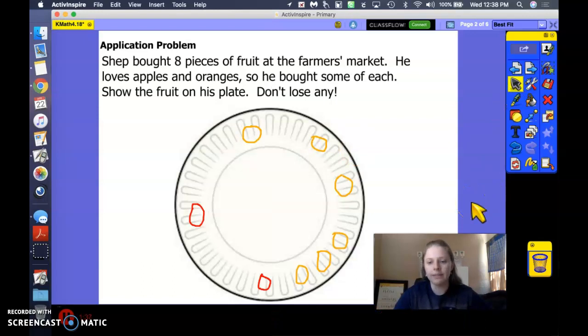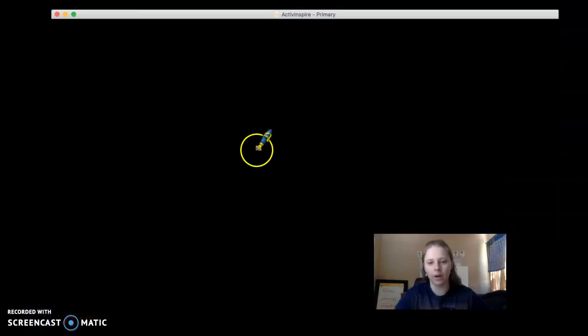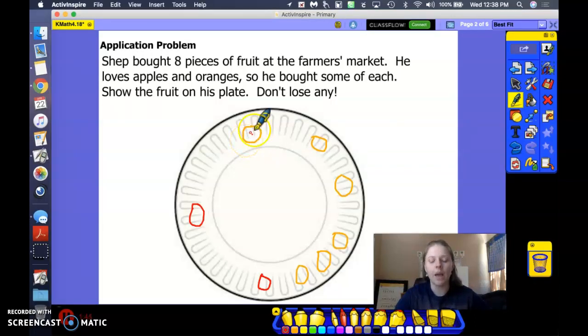When we count in a circle, we need to make sure that we mark where we started. So I'm going to put a dot in the middle of this orange so I know that that's my first one. And when I get back to it, I need to stop. 1, 2, 3, 4, 5, 6, 7, 8. 8 apples and oranges all together.